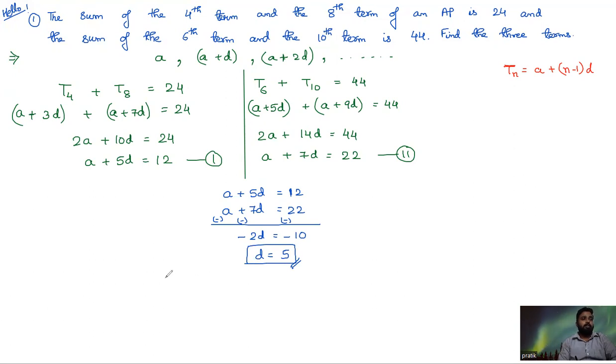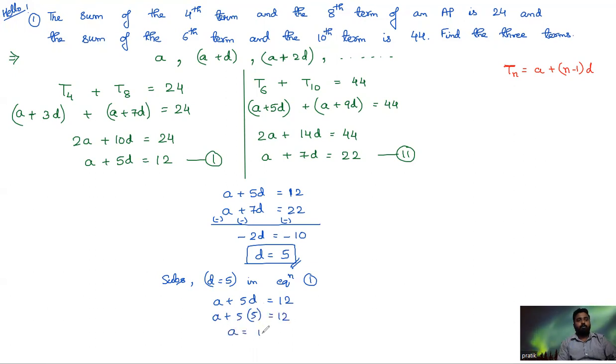On substituting D equals 5 in the first equation, that is A plus 5D equals 12, this is nothing but A plus 5 into 5 equals 12.